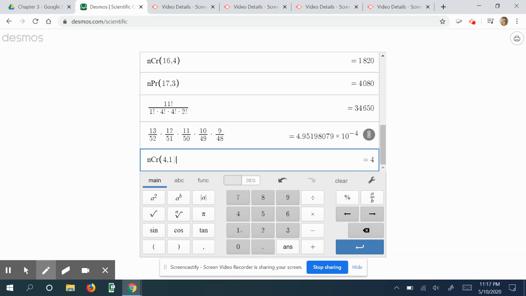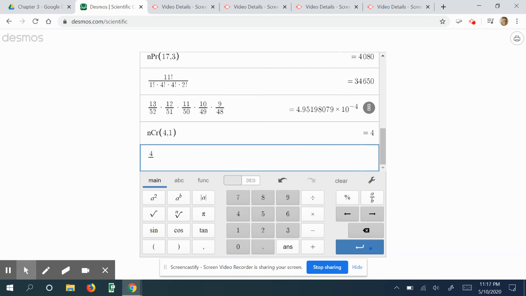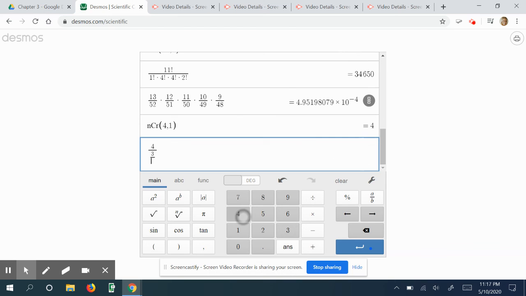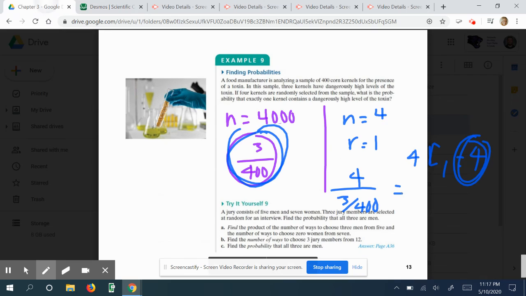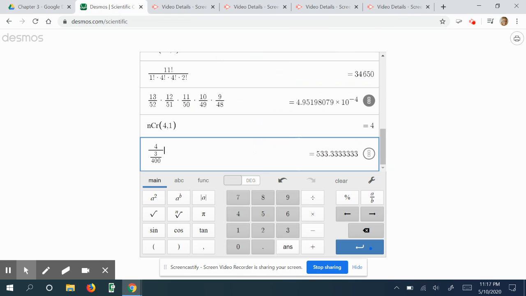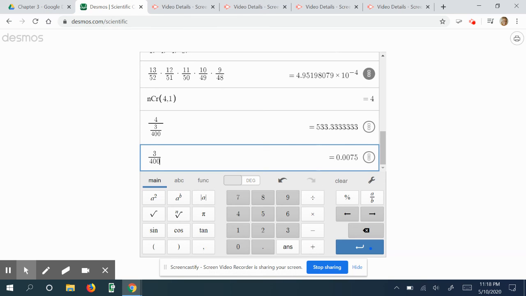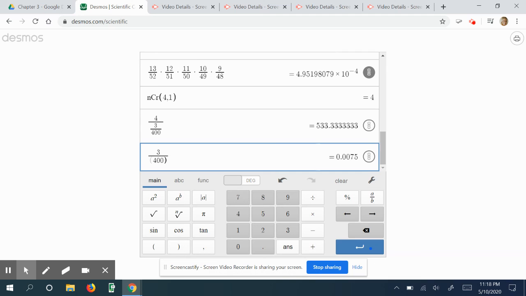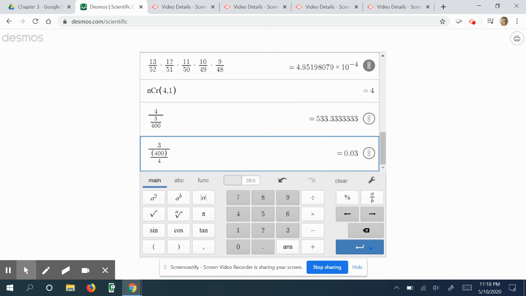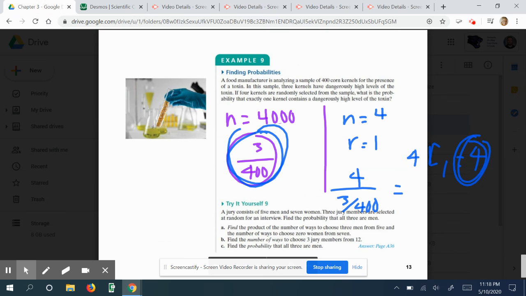Okay, and so we go to our calculator. And so that's going to be 0.03.